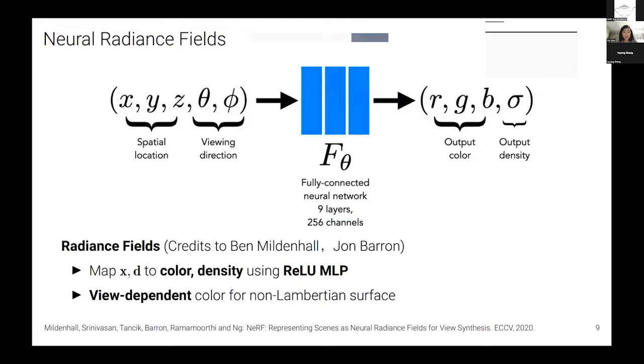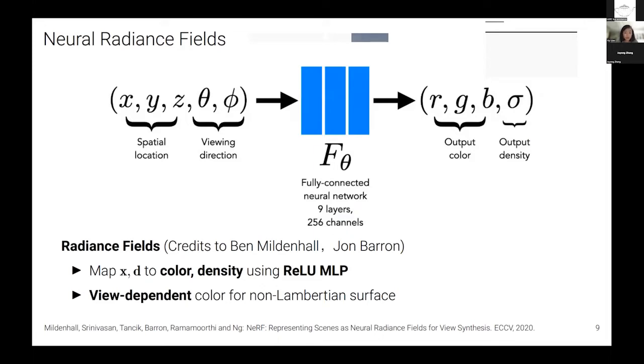Just as a quick recall of NeRF, it basically contains two key components. The first part is how the scene is represented. It's represented as a radiance field that maps a spatial location x and viewing direction d to an output color and density.